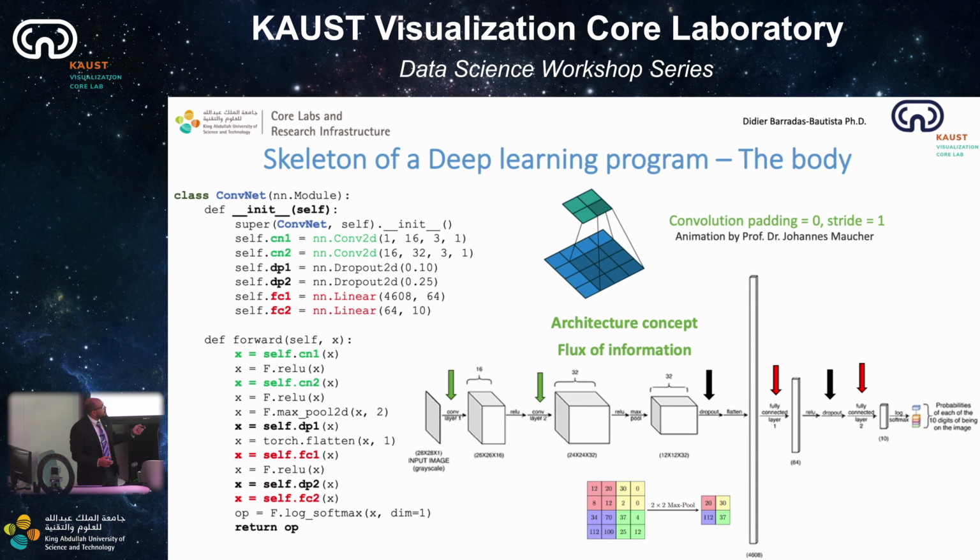Now, in this backbone, you have something called dropouts. Those dropout layers are actually helping you to avoid overfitting. Why? Because the dropout means that you're going to turn off a certain amount of neurons randomly.